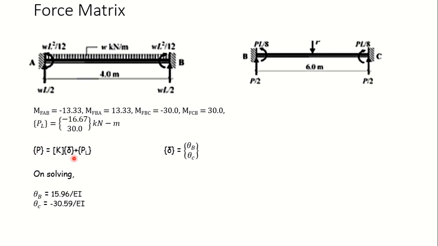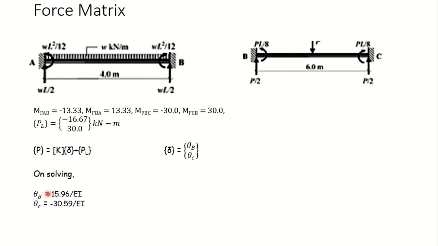P is equal to K into delta plus PL. Net force in any coordinate will be equal to the forces arising due to displacement plus the forces due to the applied loads on the member. On solving this, we'll come to know the unknown displacements. Okay, so theta B is 15.96 over EI and theta C is minus 30.59 over EI.